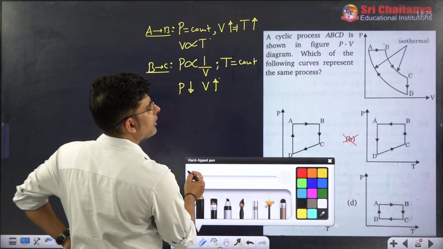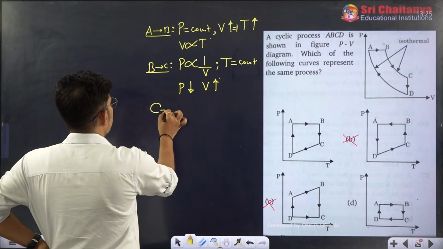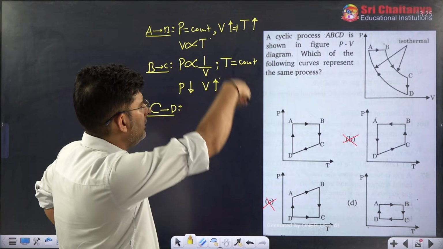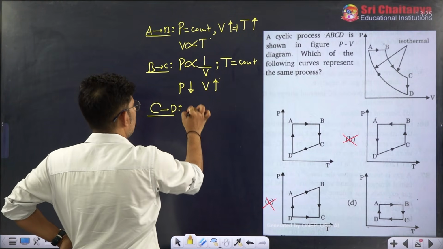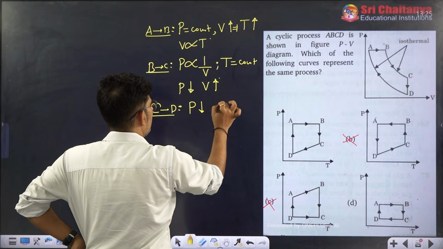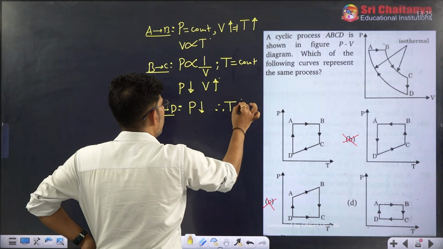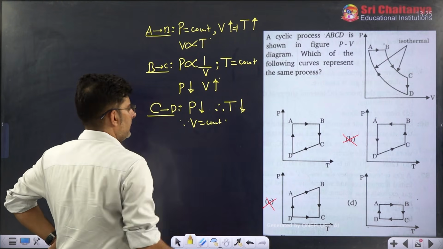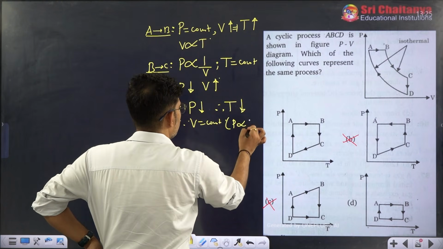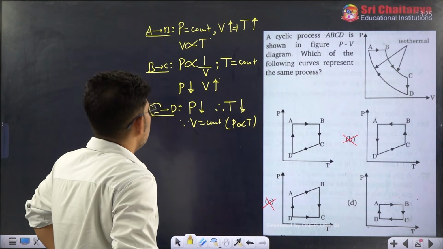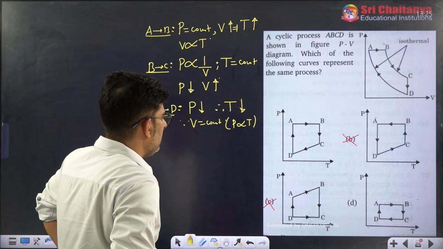Then comes the third process, which is C to D. What do we have in C to D? In C to D, you can see that the pressure is decreasing. So temperature will decrease. Why? Since volume is constant, pressure will be directly proportional to T. So volume constant, pressure and temperature both will decrease.